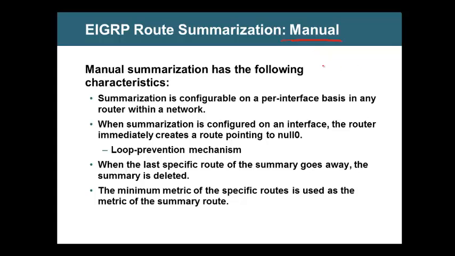For example, if I have router 1 with a 10 meg wire connected to a very old router, and I have a 100 meg wire connected to a new router, I want the summarized route to go to the old router, and detailed routes to go to the new router.